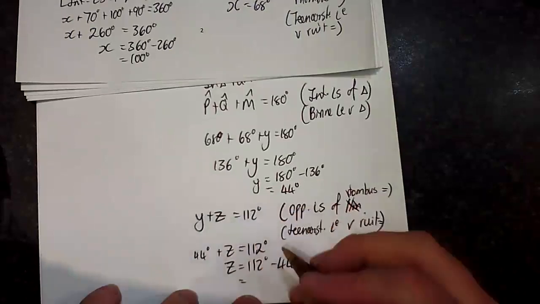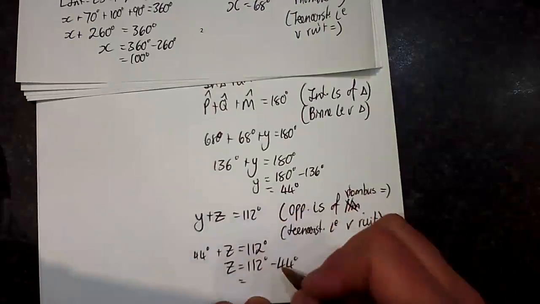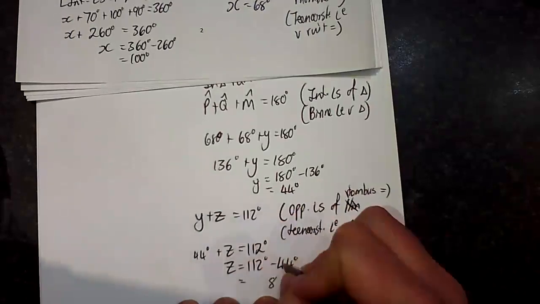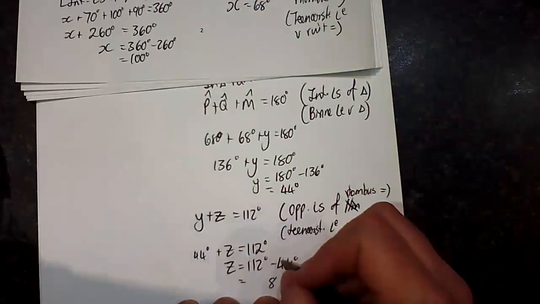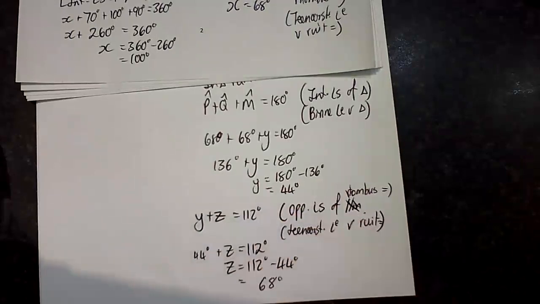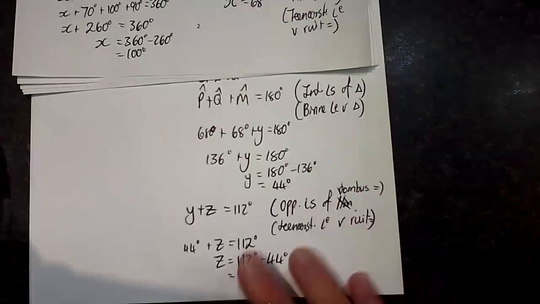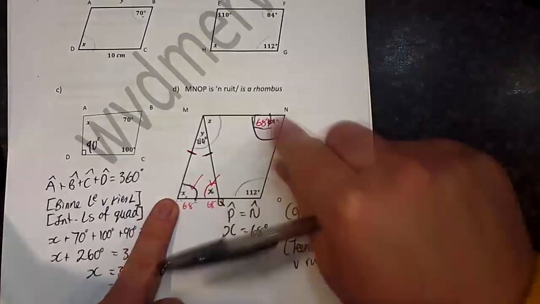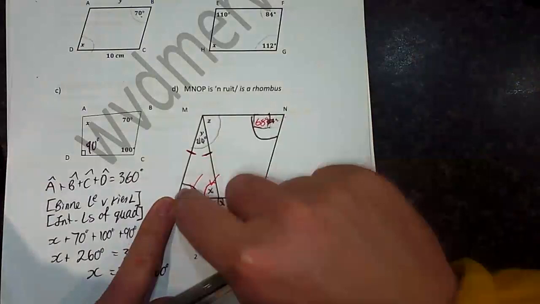Okay, and if I have it correctly, 12 minus 4 must give me 8, and yes, 68 degrees. Sharp.